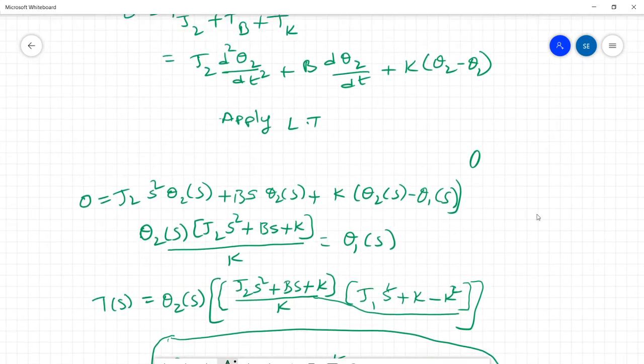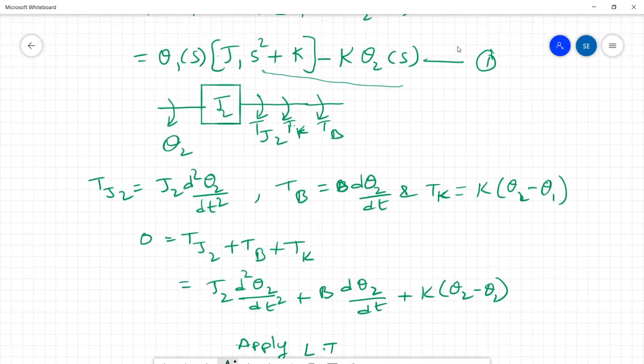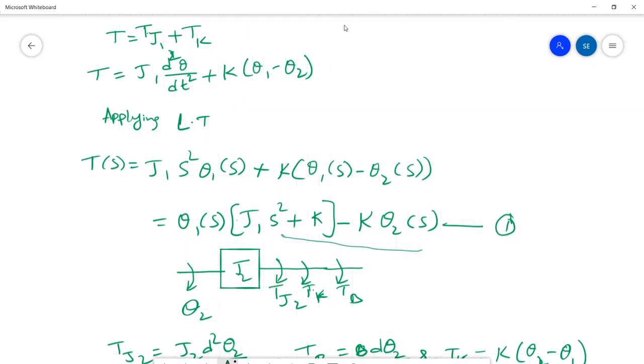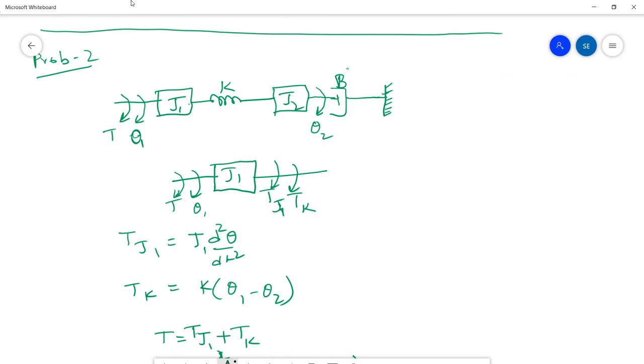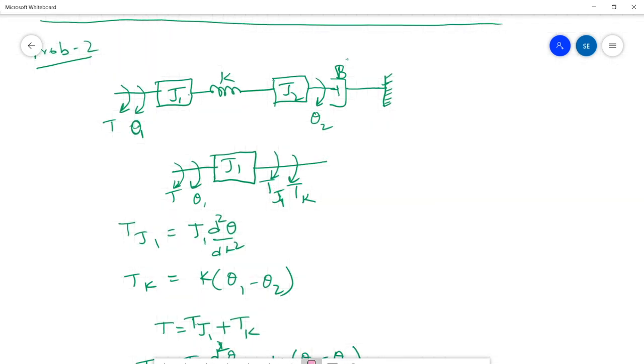So once again we'll just recap what we have done in this problem. It was given for us to obtain the mathematical model for this rotational system. Initially we took the free body diagram of J1, then applied forces and segregated the actual forces. When we are writing, just remember, I think this is my mistake here, we have to give the opposite direction actually.